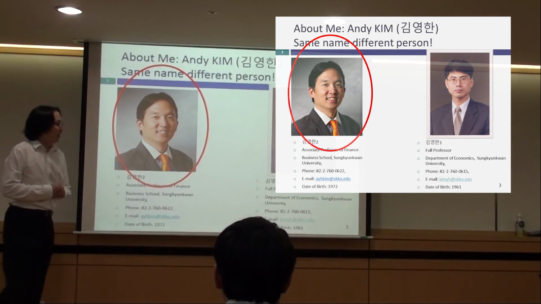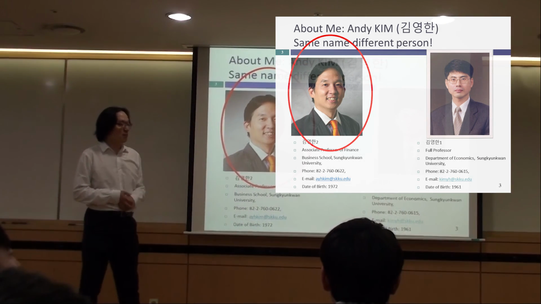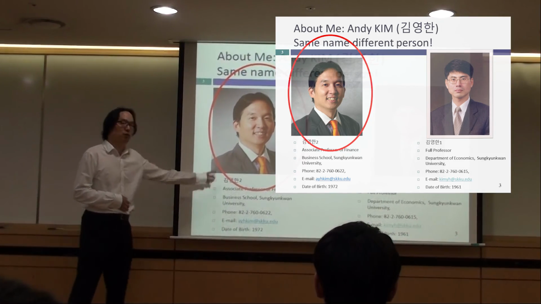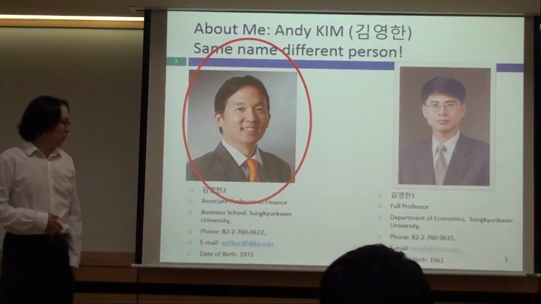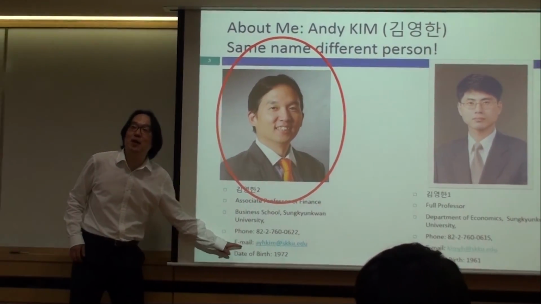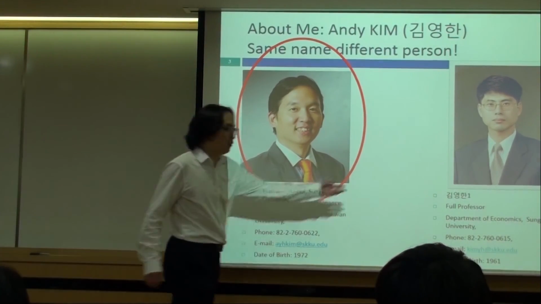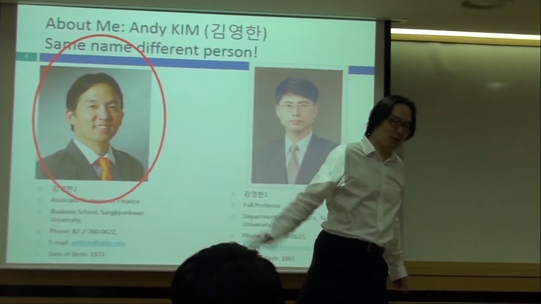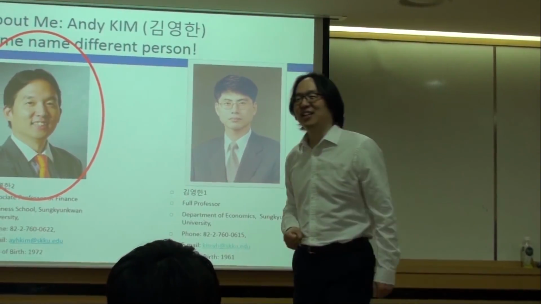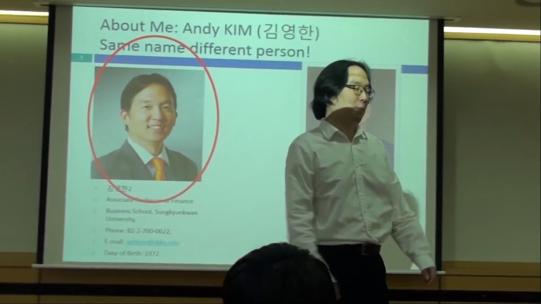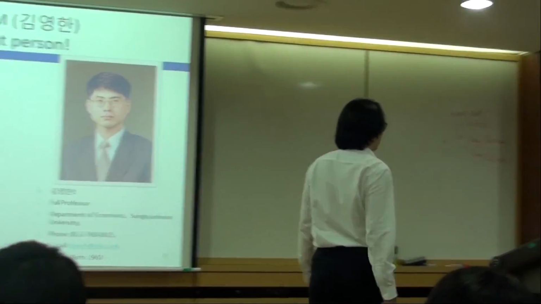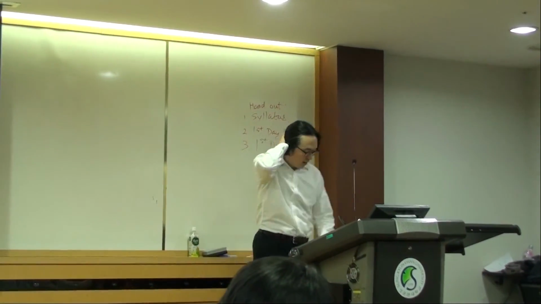So I label him as Kim Young-han 1, Kim Young-han 2. The issue is, make sure you email the right person. Every now and then he tosses an email to me: this is for you, man. And I do the other way around too. So make sure you write to the right person.